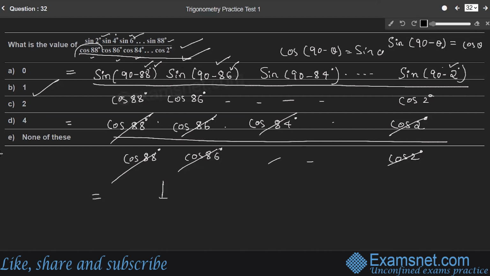So instead of writing cos 88, we can write cos of 90 minus 2 degree, which is sine 2 degree, so that we can cancel sine 2 and sine 2, right? Either we can follow the first method, which is conversion of sine to cosine, or the second method, converting cosine to sine. Both are the same, right? So finally, you will get the answer 1. So option B is the right answer.